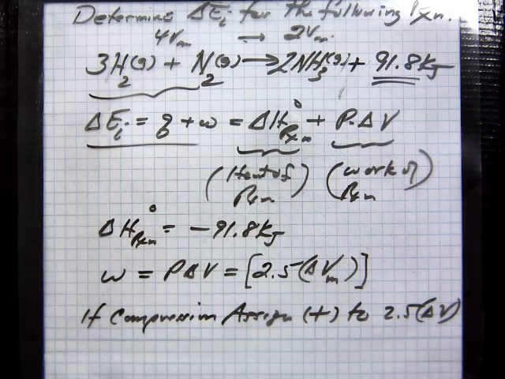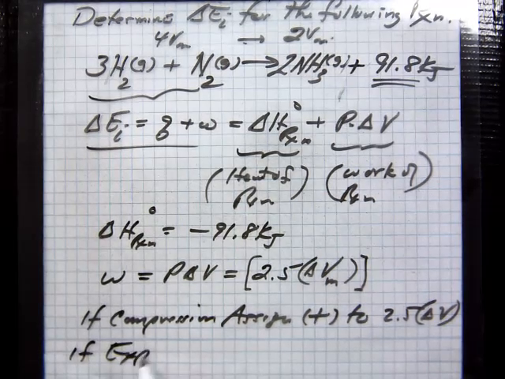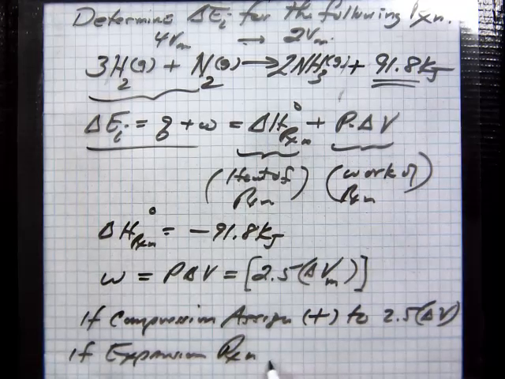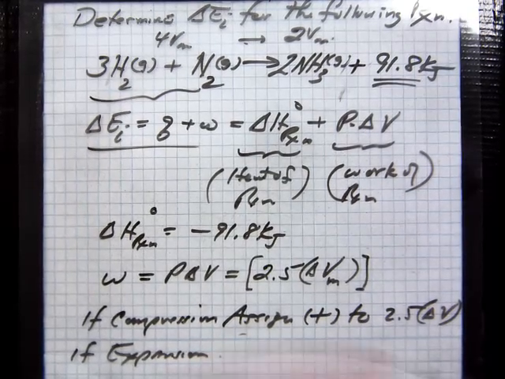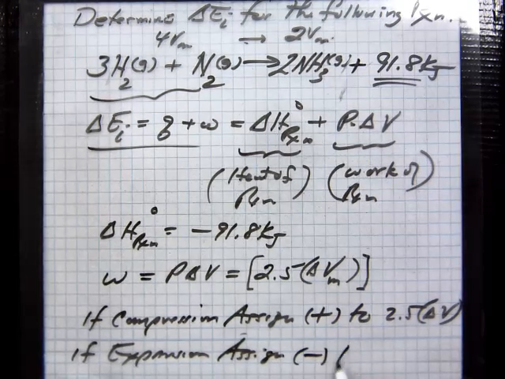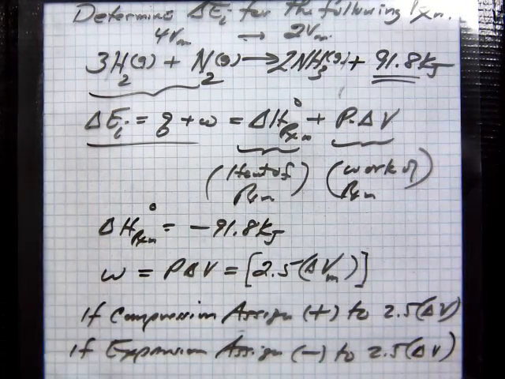Don't try to fight it right now. If it's an expansion reaction, assign a negative to whatever you get out, 2.5 delta V. Trust me at this point.